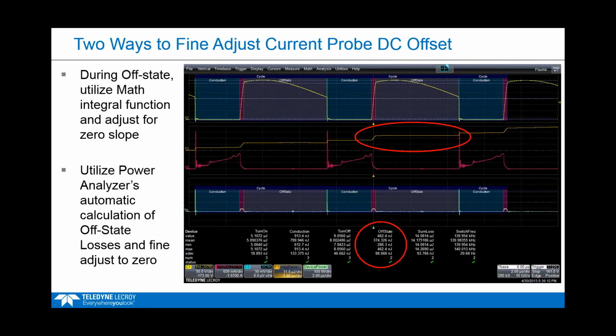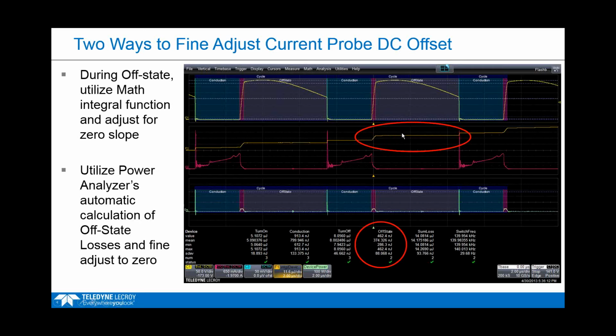The way to adjust the DC offset, here's one approach we can use, is to take the power waveform we have down on the bottom, use a math function to integrate the power waveform, and that's going to give you this energy plot up here. If we look at that, the state we really want to look at is the off state.